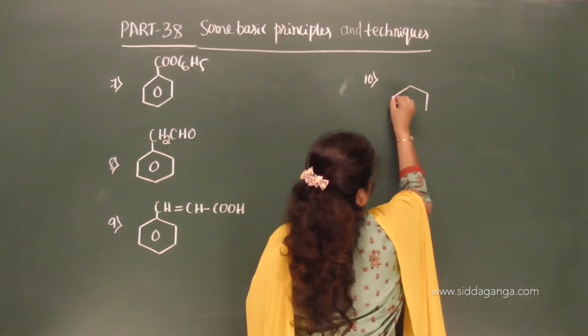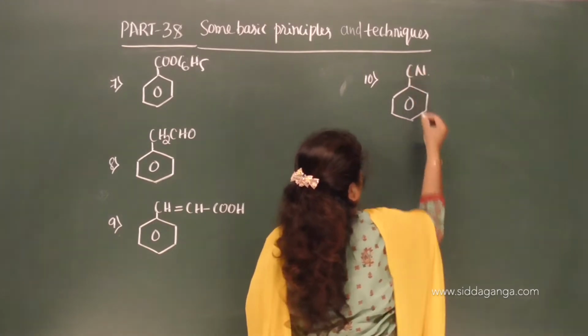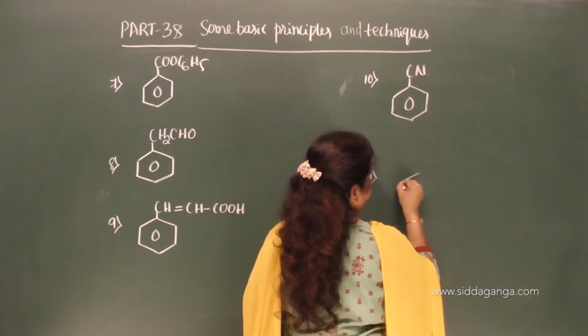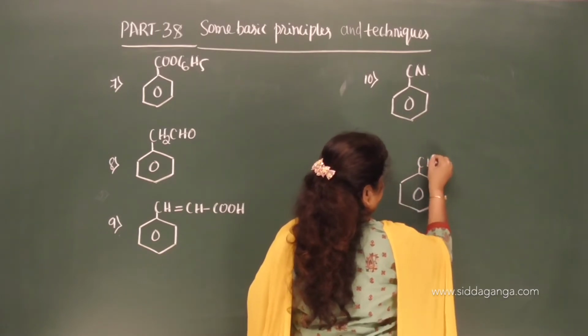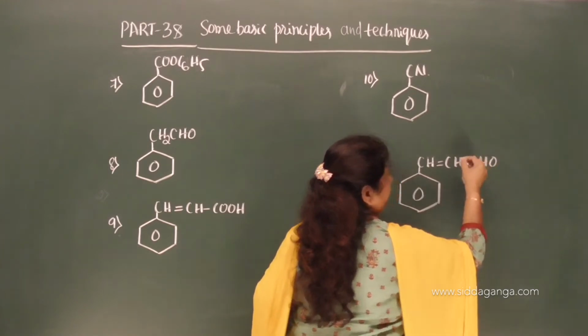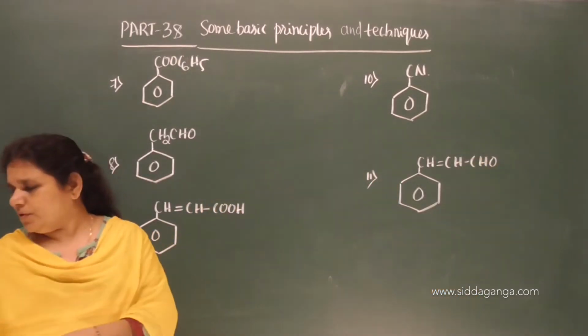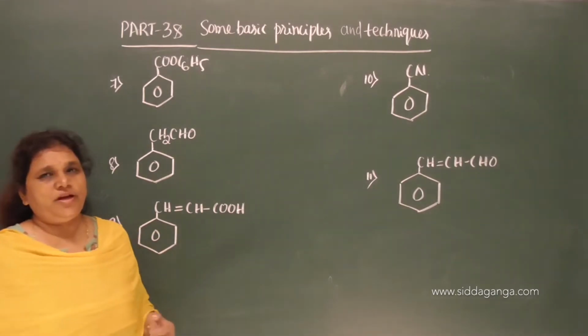The 10th compound, I can give here CN. And the 11th one, that is CH double bond CH CHO. So these are the monosubstituted. A few more examples for monosubstituted benzene.